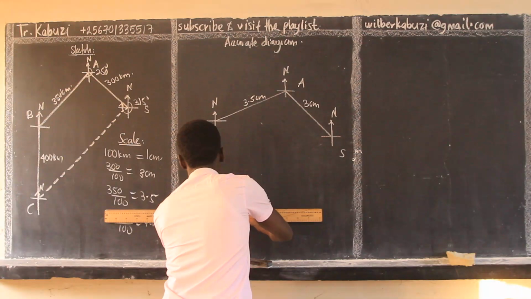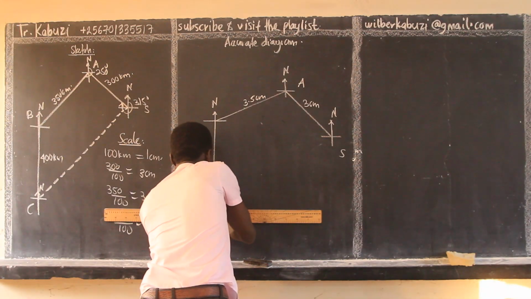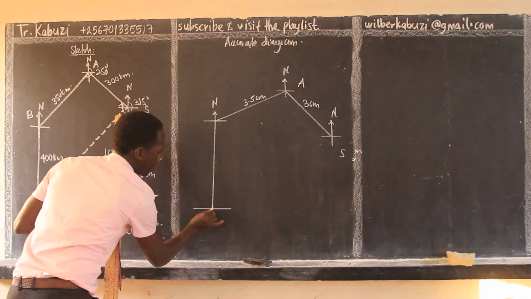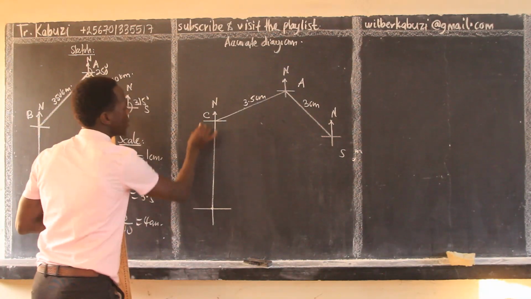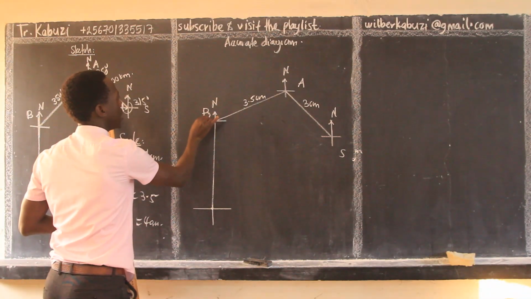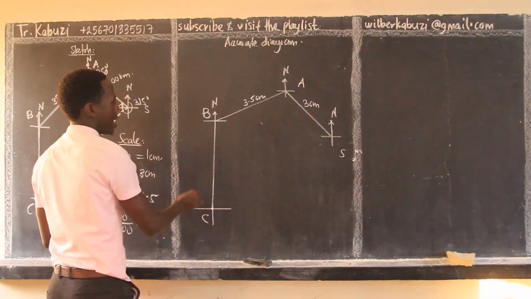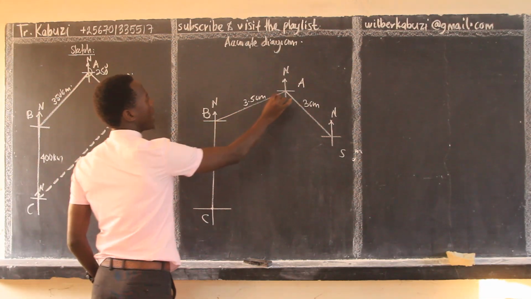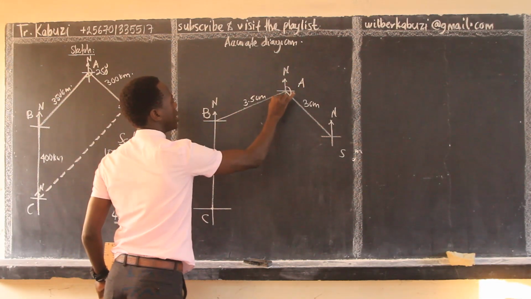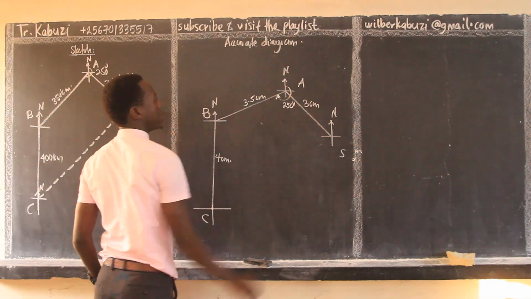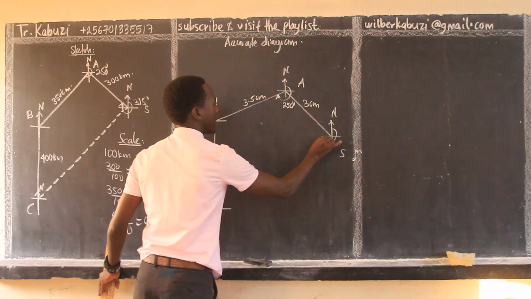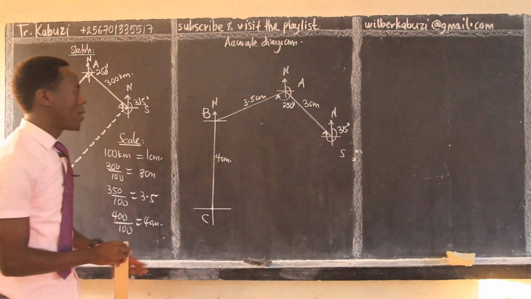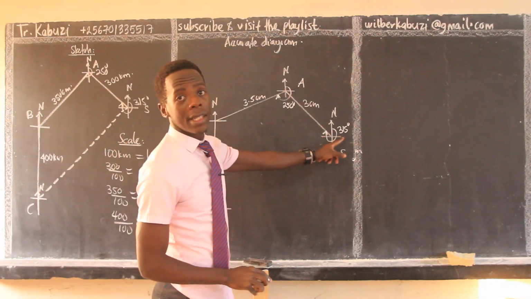Still, I draw a compass here. So this is B, and this is our C. But remember, here we have 4 centimeters. So our bearing from here up to here is 250 degrees. Then from here up to here, you indicate 315 degrees.